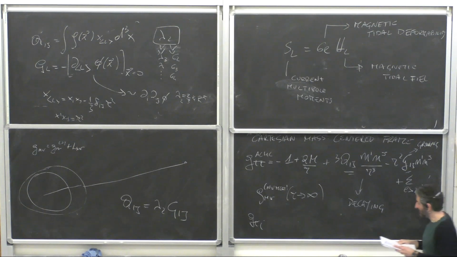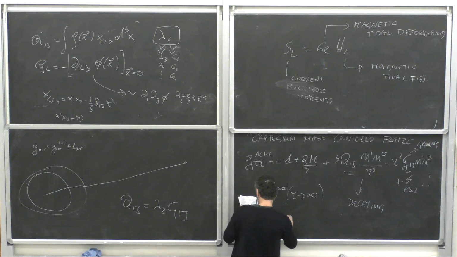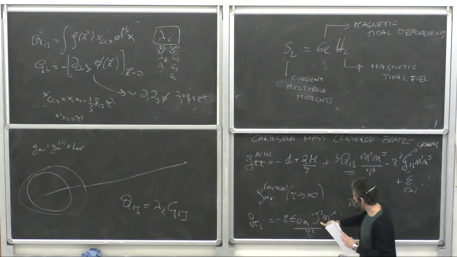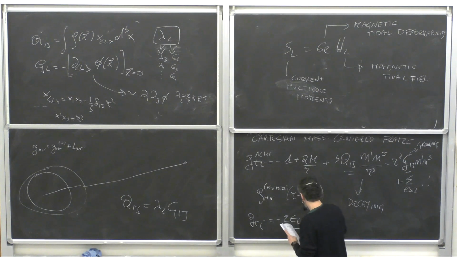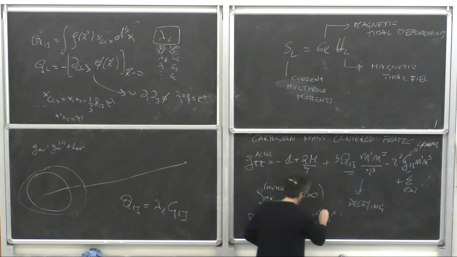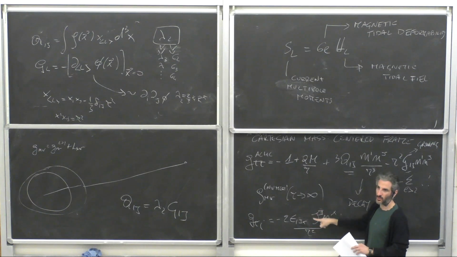And I think that the funny thing is that at the linear order, the dominant term, I won't write all of this, the G_ti actually depends on this J_i, these are the components of the angular momentum of the object.